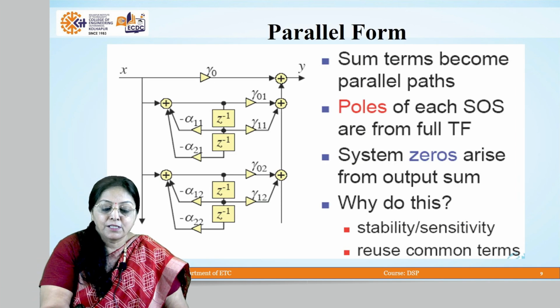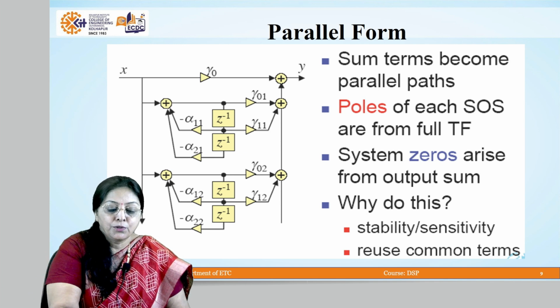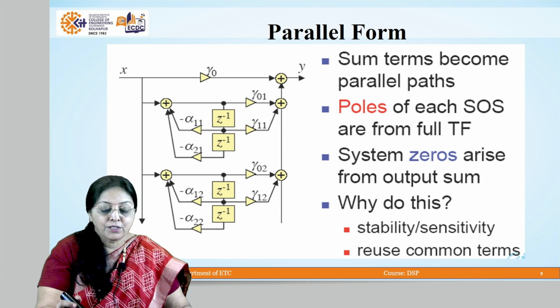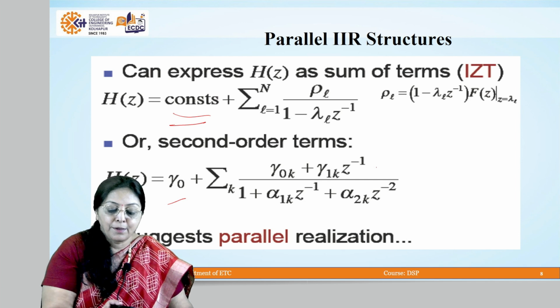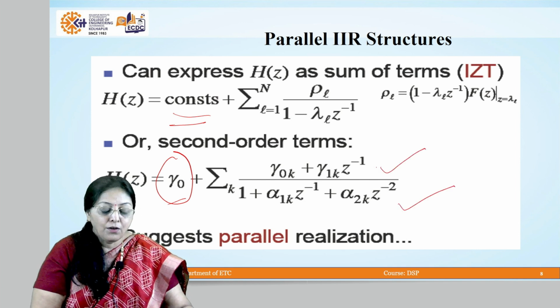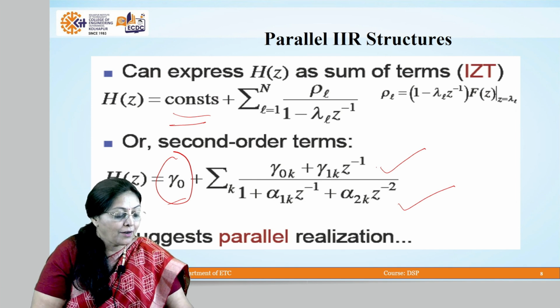So just observe this parallel form structure. This is the first part. When you observe the equation, this is one part, that is mu naught separately, added with the summation. We can use the numerator separately and one over the denominator separately, or we can realize it using direct form 2.